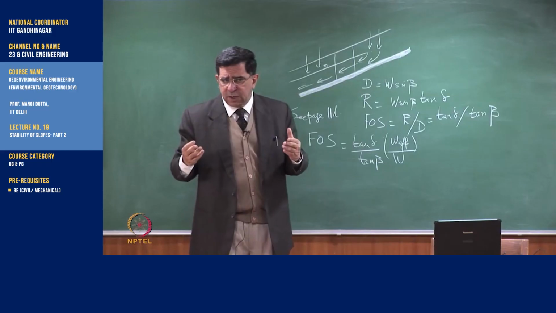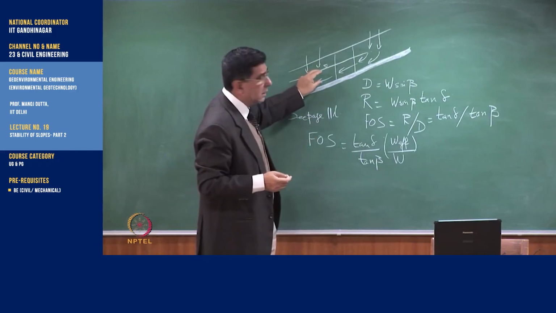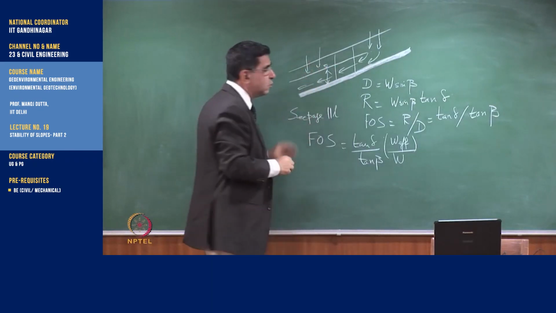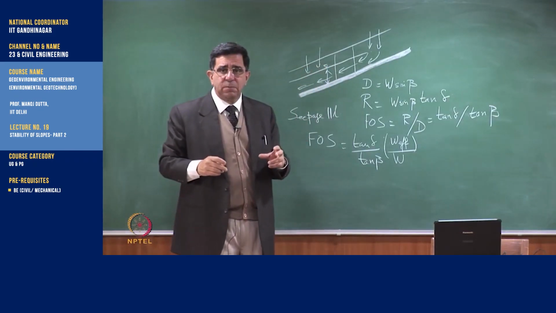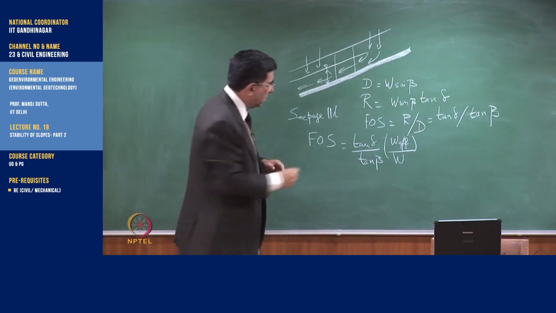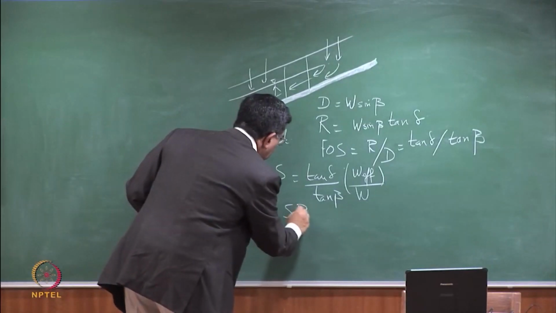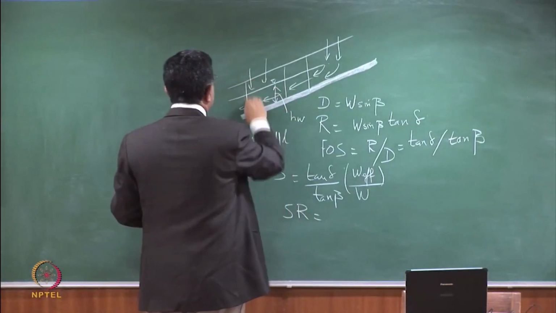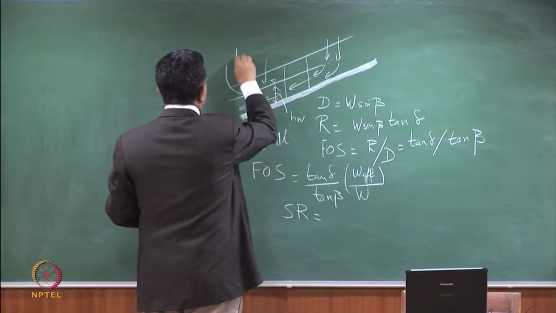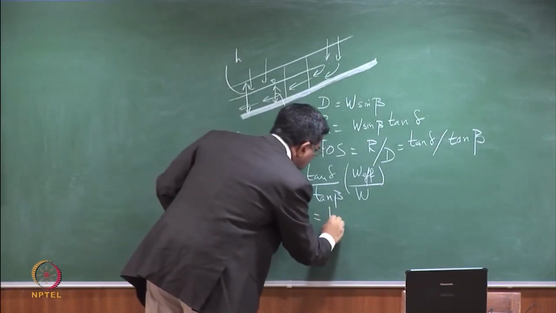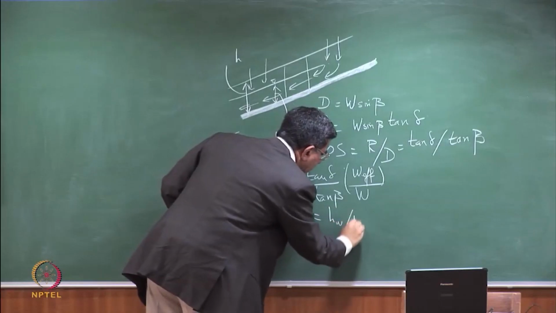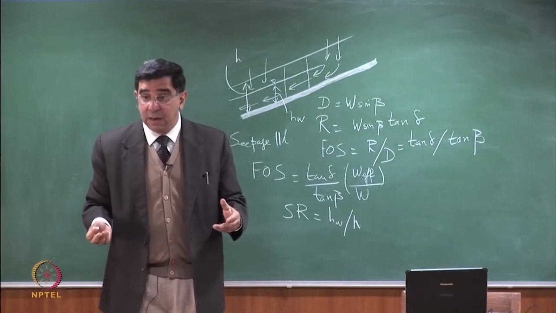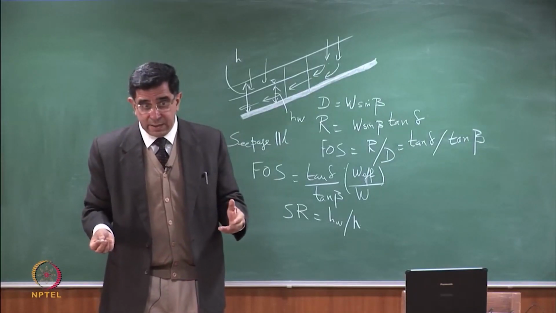Just for the purpose of discussion, normally this will not run in the full soil. So it gives you the concept of a submergence ratio. Submergence ratio is equal to, if this is HW and this is H, submergence ratio is HW by H. The lowest value it can have is 0 and the highest value it can have is 1.